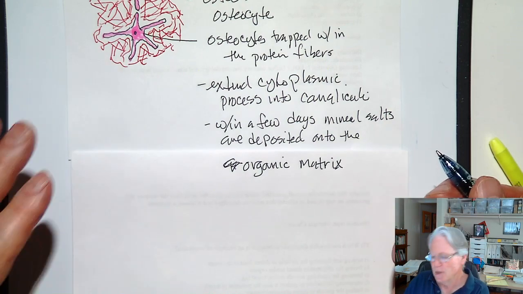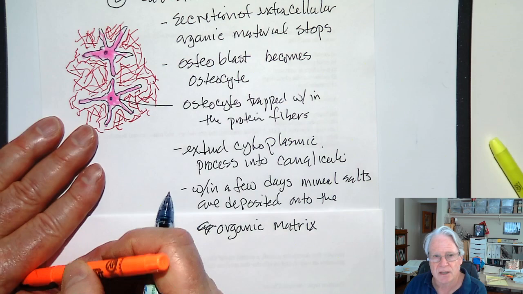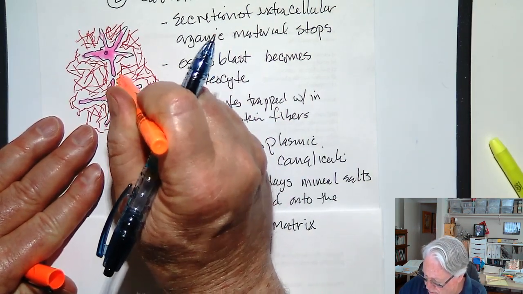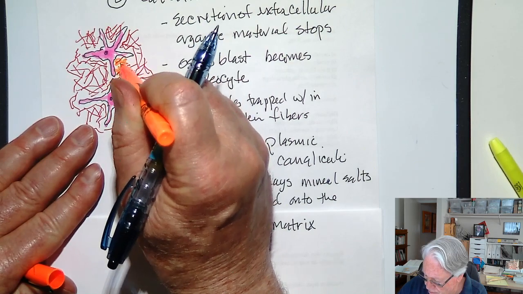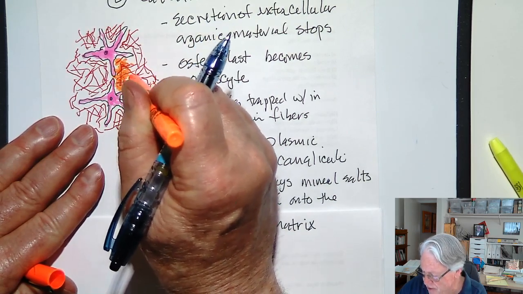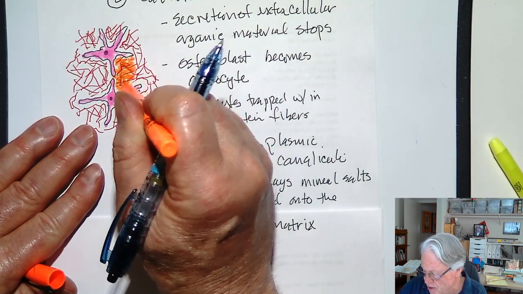Coming back to our picture, what you will begin to see is the deposition of mineral material, forming crystals initially on the fibers, but as the crystals form, they also form upon themselves.